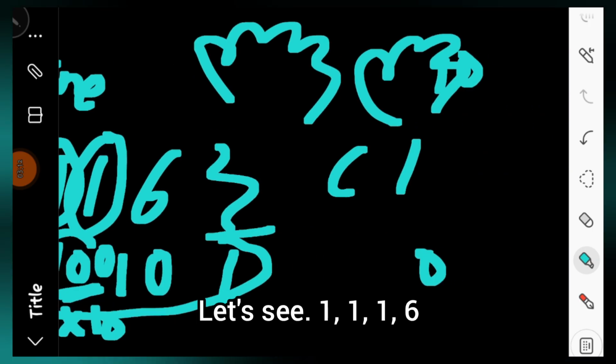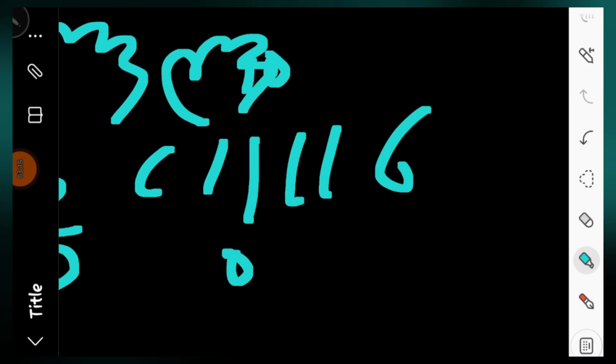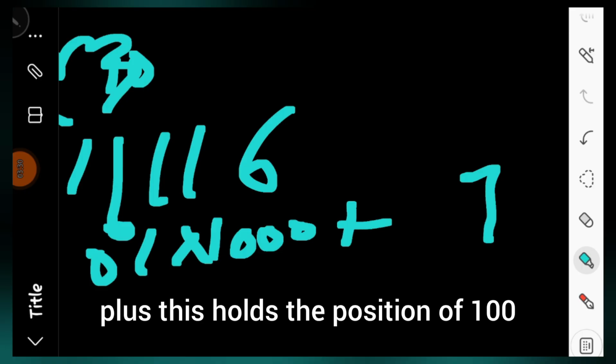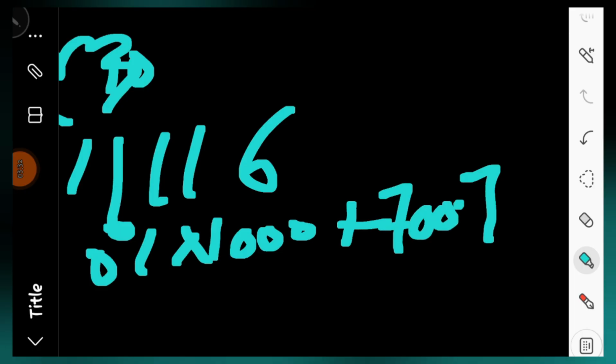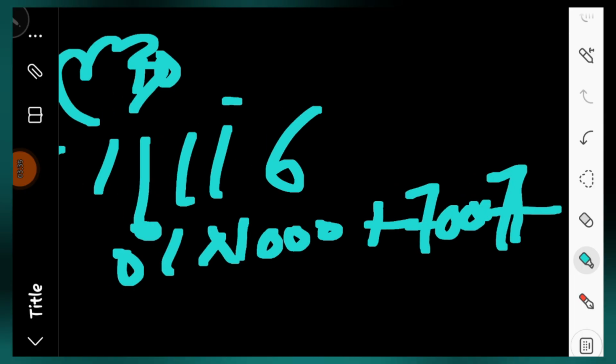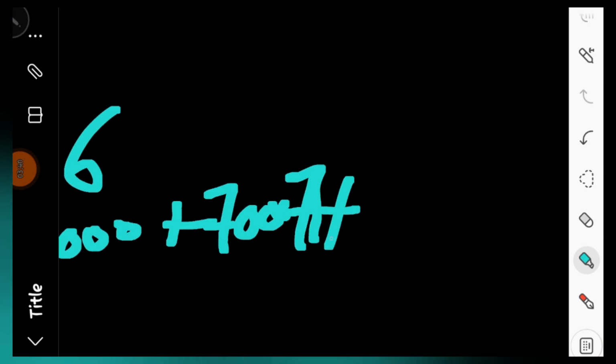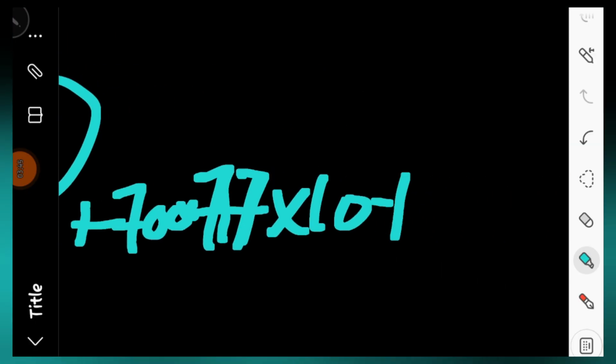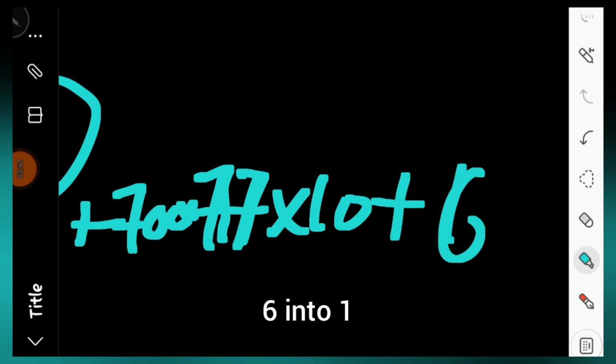Still confused? Let's see. 1116. Now you may ask, why 100? Why 1000? Let's see. As I said, this is 1000. It has a placeholder 1000. Multiply by 1000, plus this holds the position of 100. This holds the position of 10. So 1 into 10. This holds the position of 1. So 6 into 1.